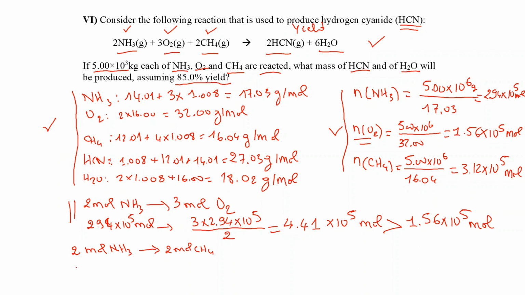So if I have 2.94 times 10 to the power 5 moles of ammonia, I should have 2.94 times 10 to the power 5 times 2 divided by 2, so 2.94 times 10 to the power 5 moles of methane. And we compare it to 3.12 times 10 to the power 5. This is smaller, so we have more than what we need for methane.